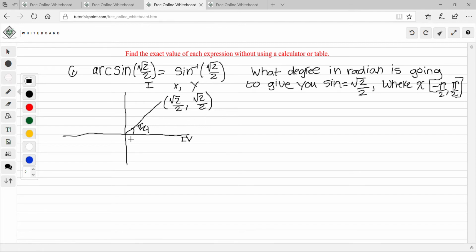Can we use negative pi over 4? Negative pi over 4 has coordinates of root 2 over 2, comma, negative root 2 over 2. Here's your x and here's your y. This is a negative root 2 over 2, so we can't use negative pi over 4. We can only use pi over 4 because it's positive root 2 over 2. So our final answer is pi over 4.